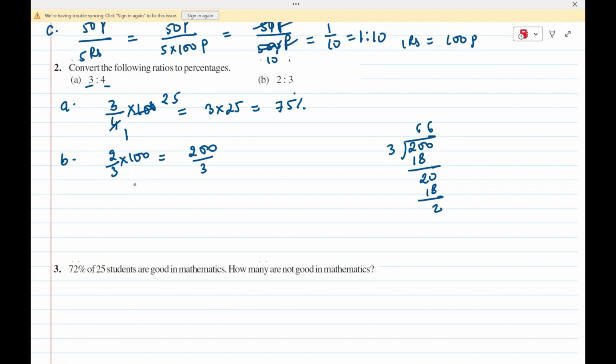So how to write into mixed fraction? The quotient has to come into the front, the remainder in the numerator and the divisor in the denominator. So 66 2 by 3%. Hope this is making it clear. In case any doubt, please feel free to comment.